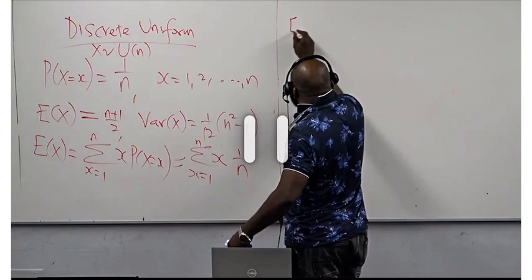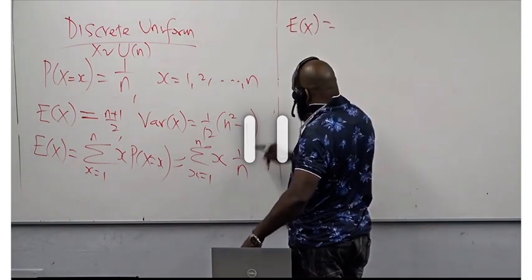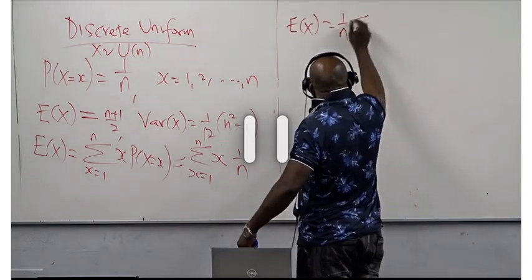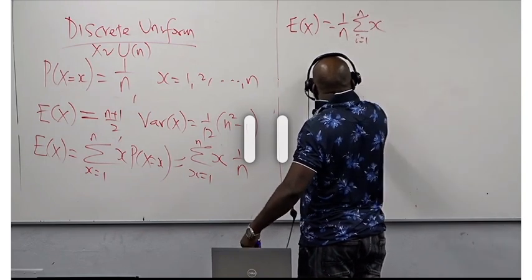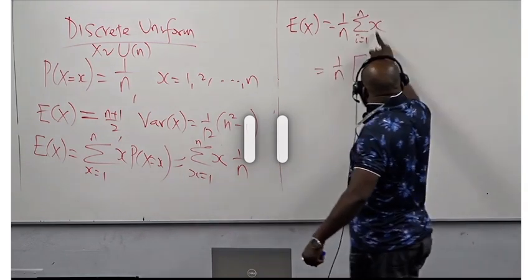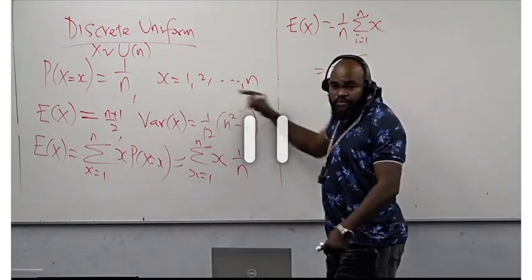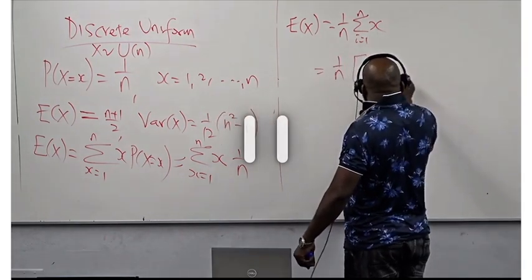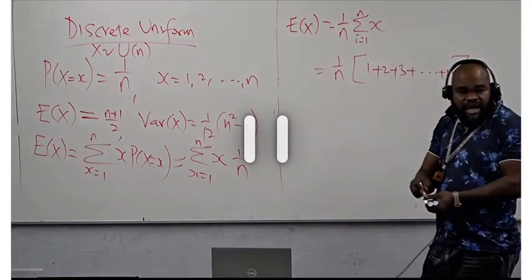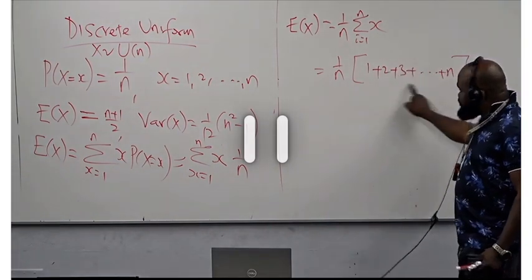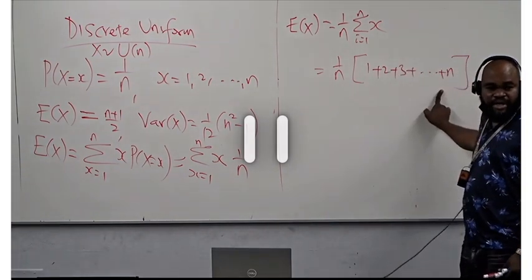Now, the expectation of x: this guy is a constant, 1 over n, times the summation of s from 1 to n. What is that? 1 plus 2 plus 3 until you get to n. In high school, you've come across the sum of natural numbers.